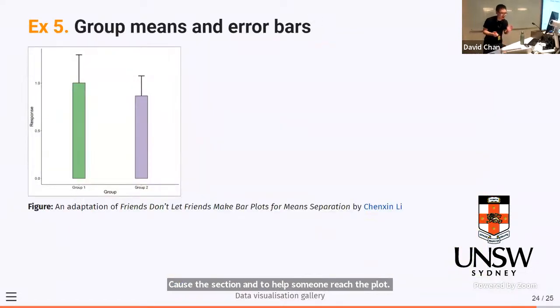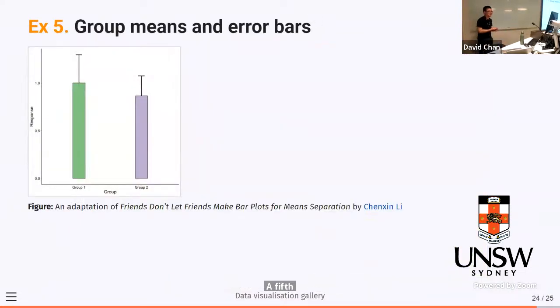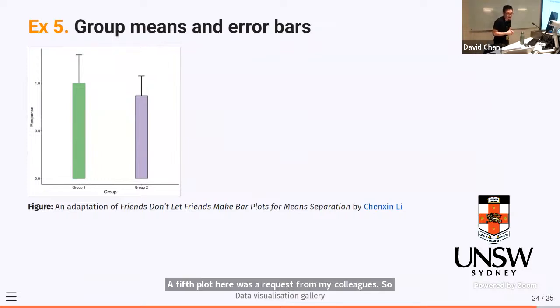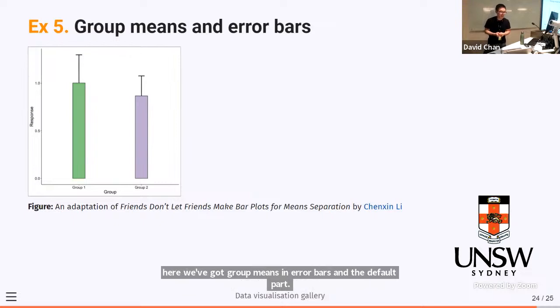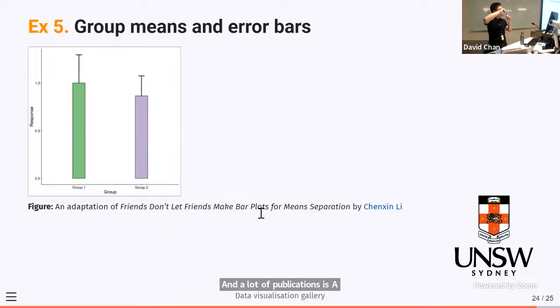Our fifth plot here was a request from my colleagues. So here we've got group means and error bars, and the default plot in a lot of publications is a bar chart with little things poking out. But if we're talking about means, is that numerical or categorical?